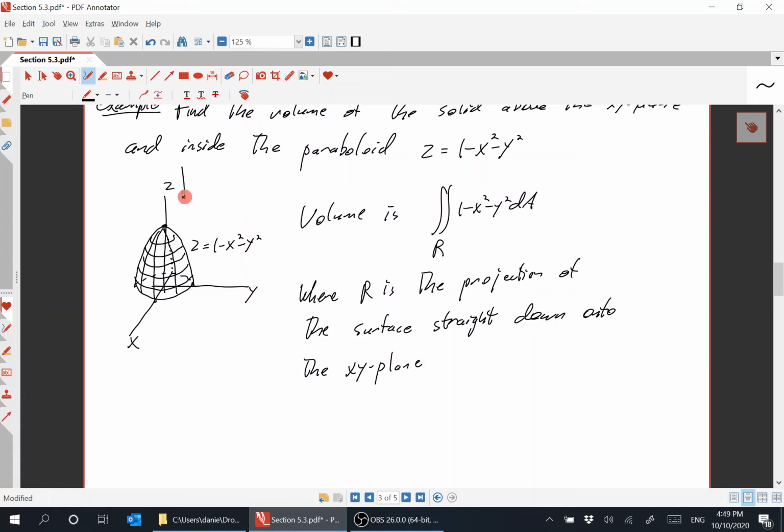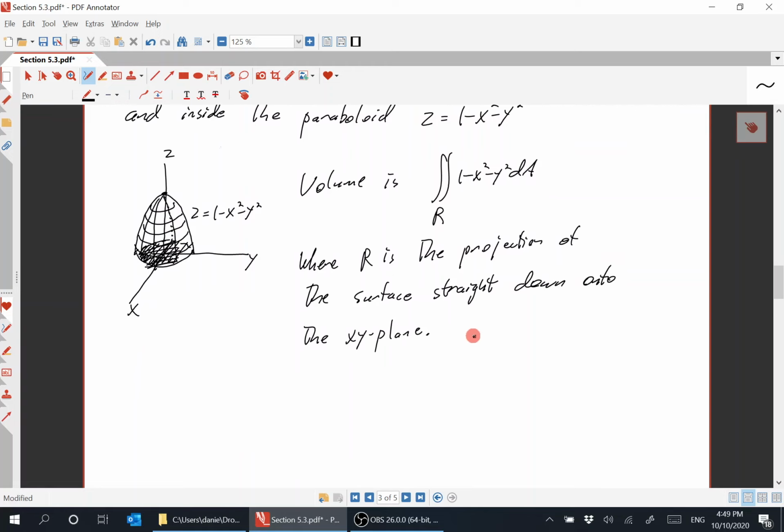If you imagine a light source coming from straight up top, with light rays pointing straight down, when it hits this surface, where is the shadow? The shadow is going to be this circle down here. That's the region R that we're going to need to integrate the function 1 minus x squared minus y squared over.